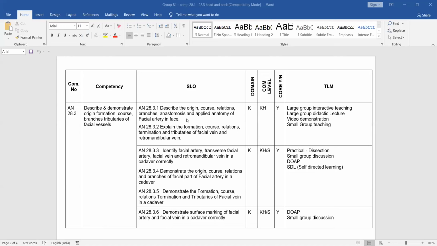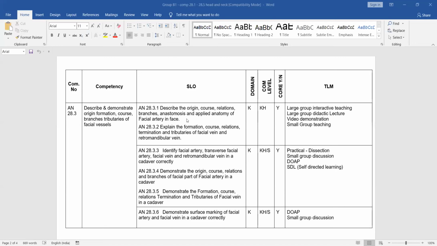The level which I mentioned in the table above is just showing whether we have to reach the K level, KH or SH. But I am seeing that most of us are writing 2 or 3 levels. Do you agree with this? Because it should be up to what level you want to achieve this SLO. Am I clear?